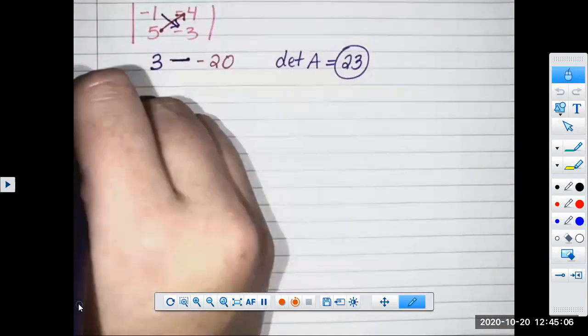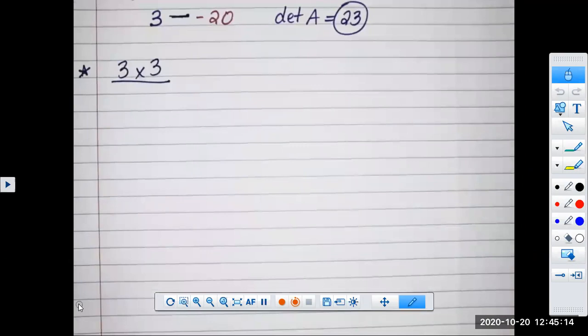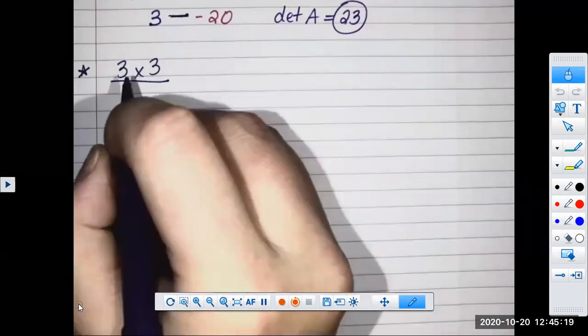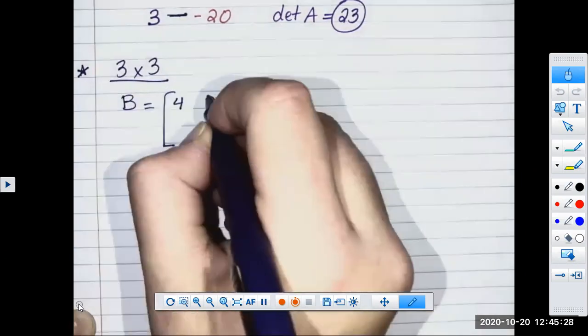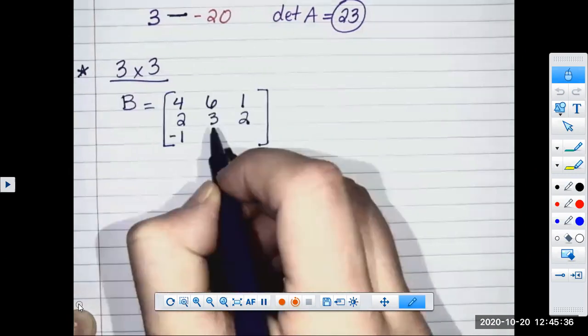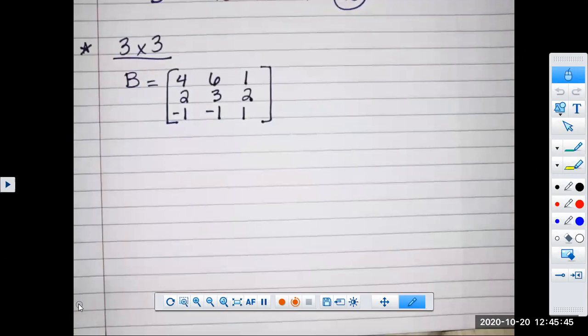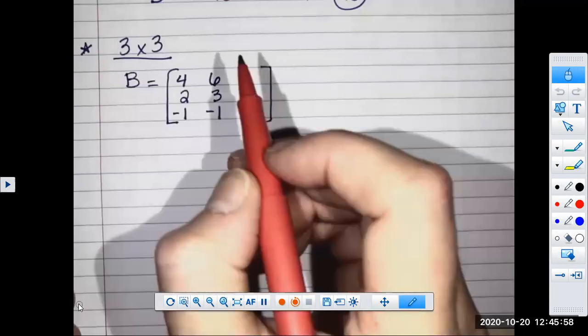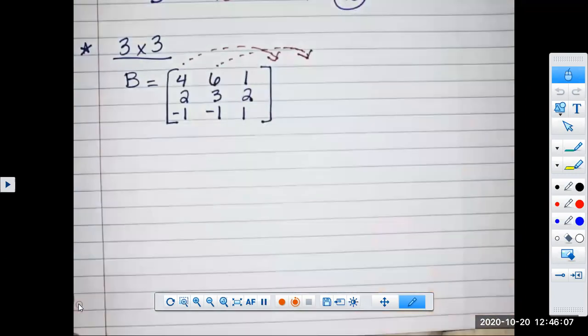All right, next thing is a 3x3 determinant. Okay, let's say we have matrix B. Your first step when you're finding a 3x3 determinant, you take these first two rows and you rewrite them out to the side, out to the right every time.